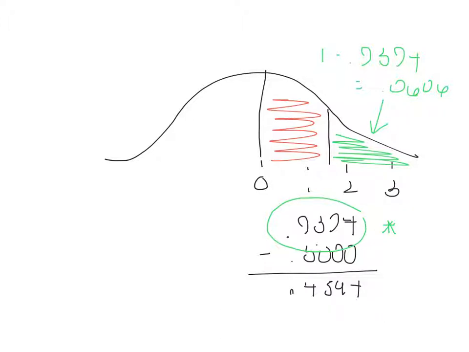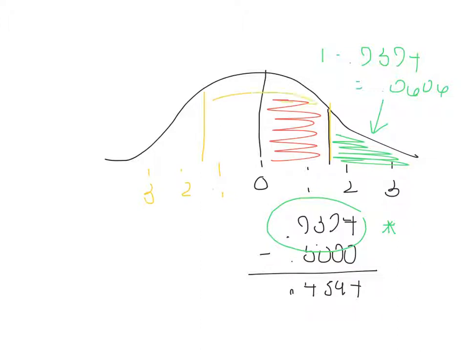And finally, in D, we're looking for the area between a z-score of negative 1.55 and positive 1.55. So negative 1.55 is about here. Positive 1.55 we've already determined is about here.